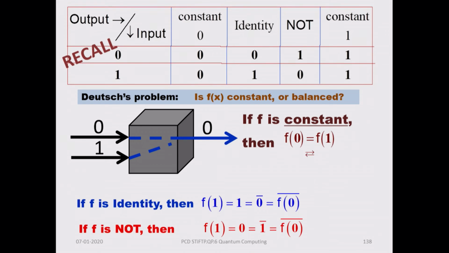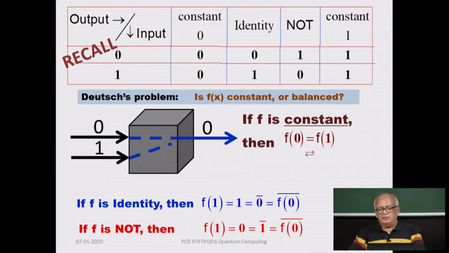The only thing we know is that if the function is identity, then f1 is equal to 1, which is the opposite of 0, and it will be the opposite of f0 because f0 is constant, it is an identity. Okay.